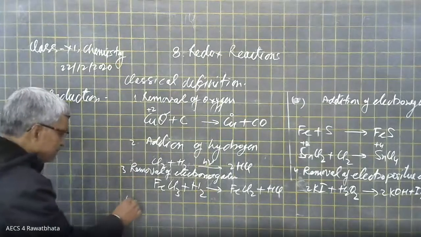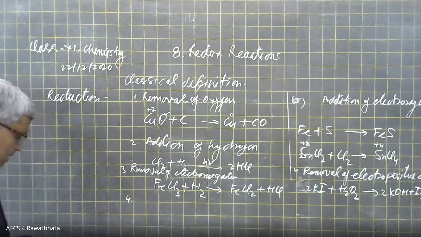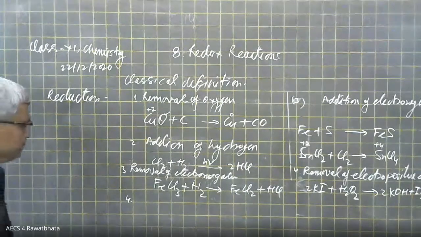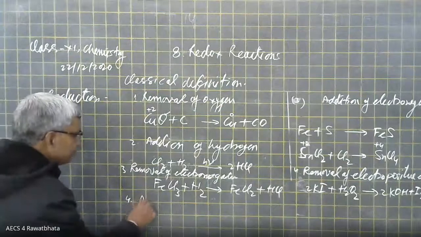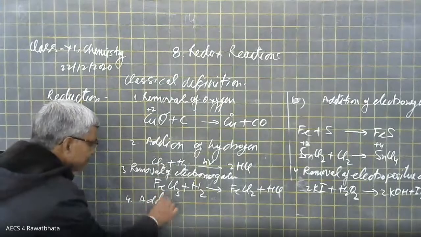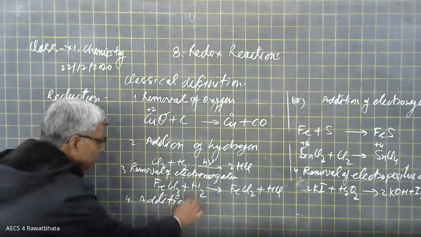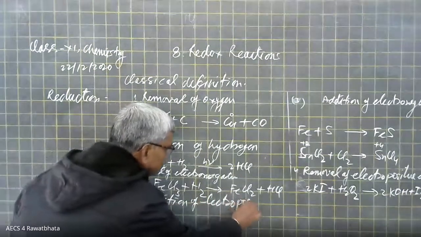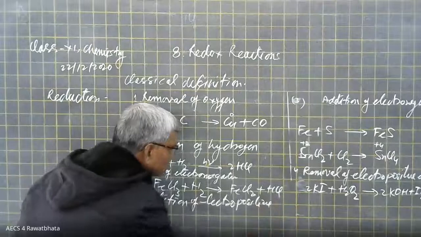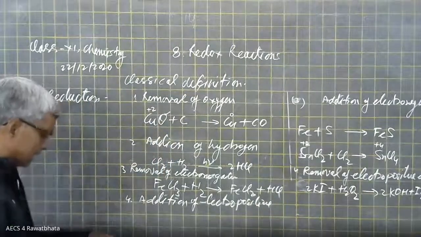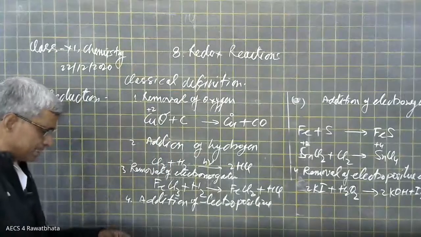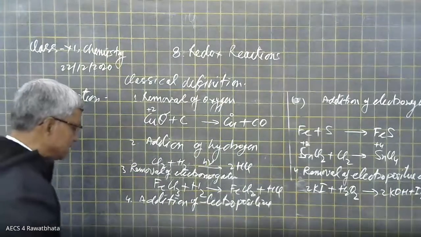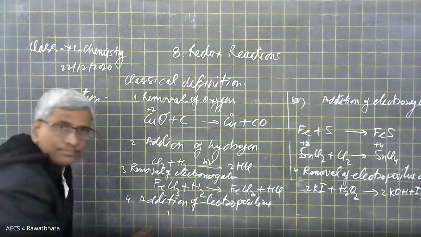And finally, the fourth concept is addition of electropositive element, and its example is HgCl2 plus Hg, a very rare example.